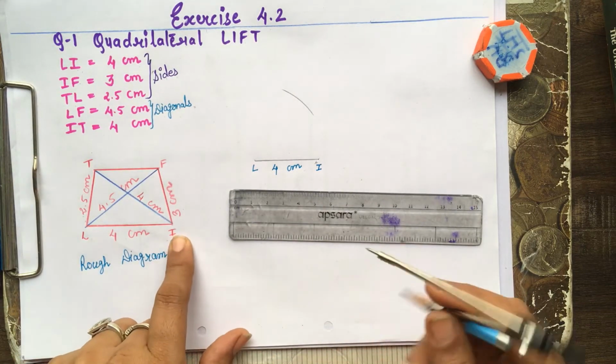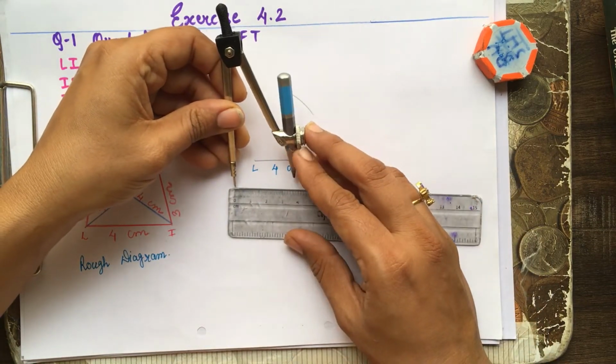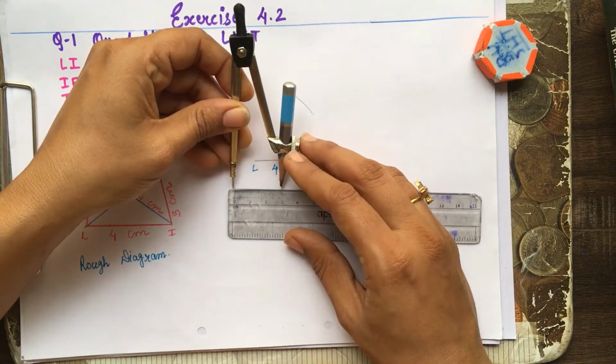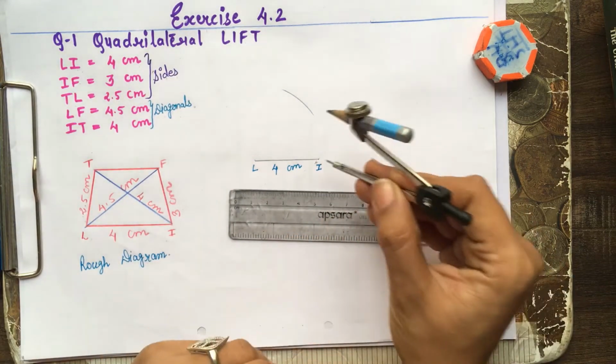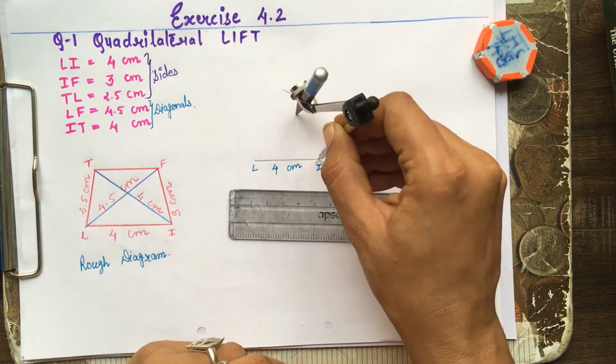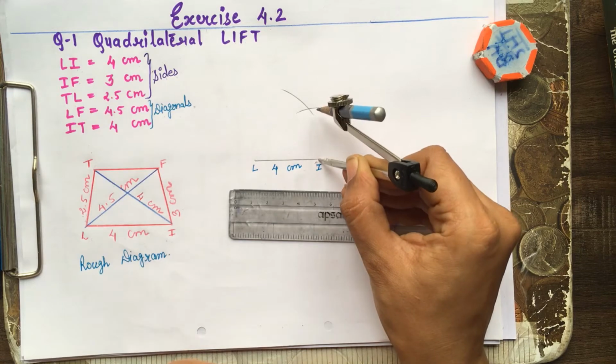Next, for this IF I need the radius of 3 centimeter. So here is the 3 centimeter radius. Taking I as center, I'll draw the arc with the radius of 3 centimeter.